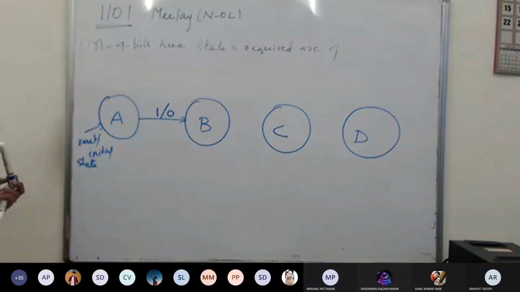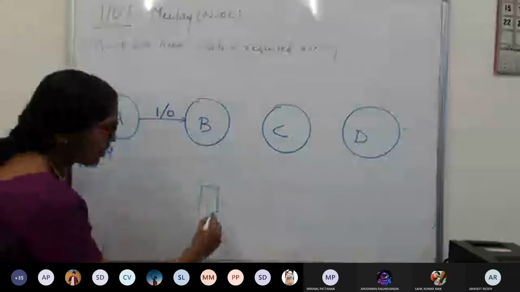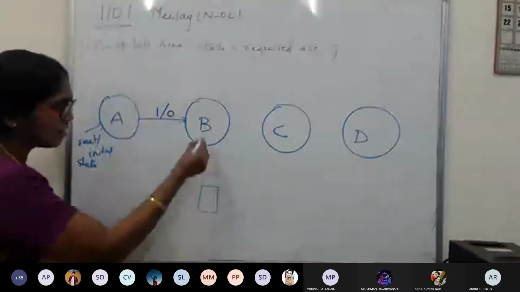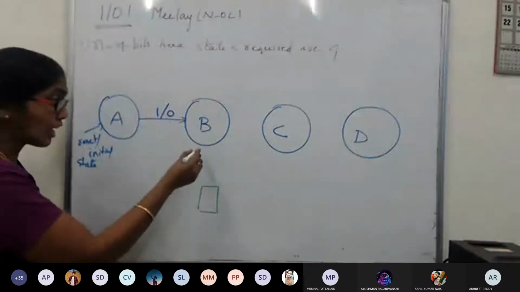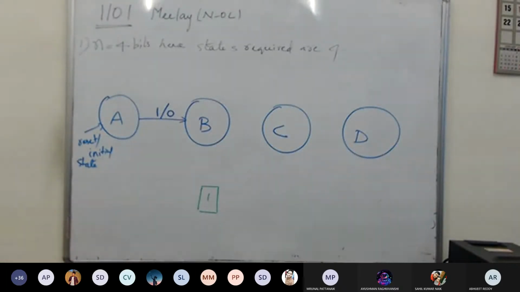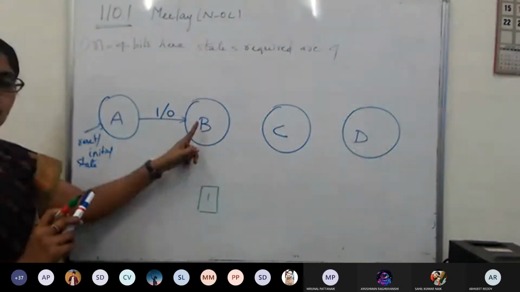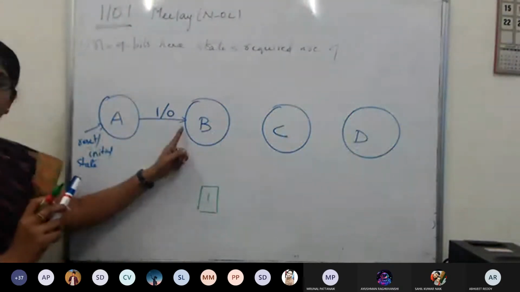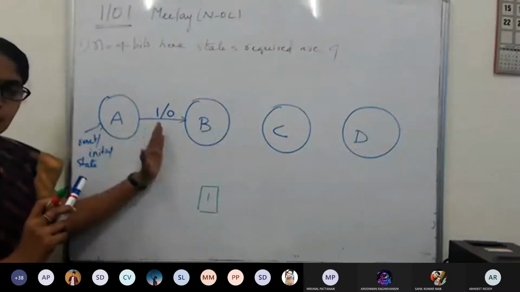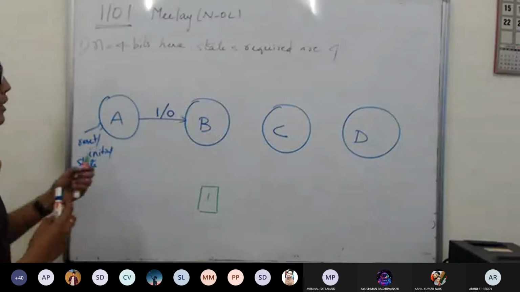Similarly, we have another section where we note the current value. Current value means the state B has appeared after looking at 1, because A to B has come after 1 has passed through. So that's what I have kept here.